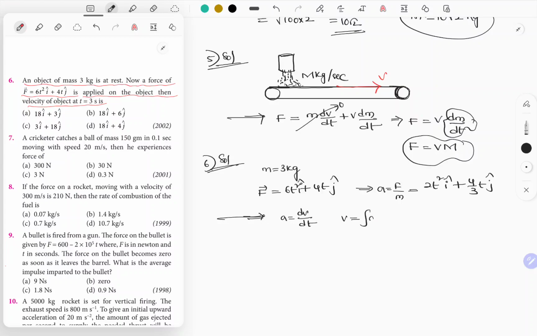So velocity is equal to the integral of a dt. As the integration is in the form of dt, limits must be from t1 to t2. This is the way to find velocity when acceleration is given. Okay, let me start integrating. I need it exactly at t equal to 3 seconds, right? So let me integrate this equation, then we'll substitute.